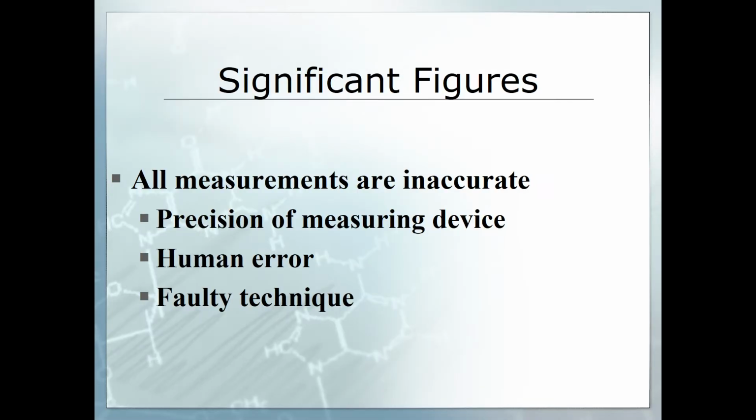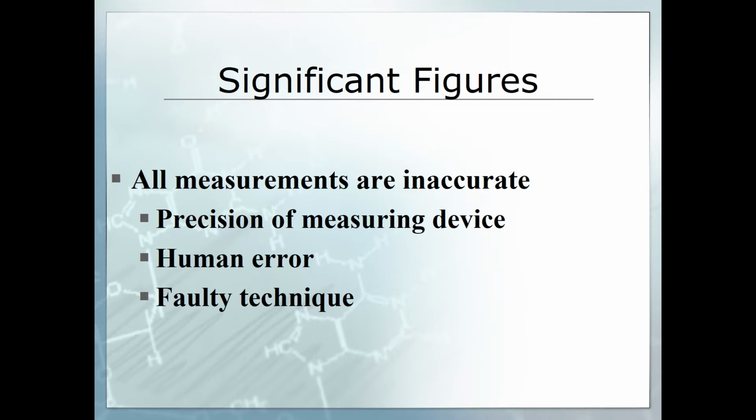So all measurements are inaccurate. There is a precision of measuring device. So the precision of your measuring device determines how accurate or precise your answer will be. There's also human error. You may look at the measurement and not be able to read exactly what it is, or you might have misread the right number.